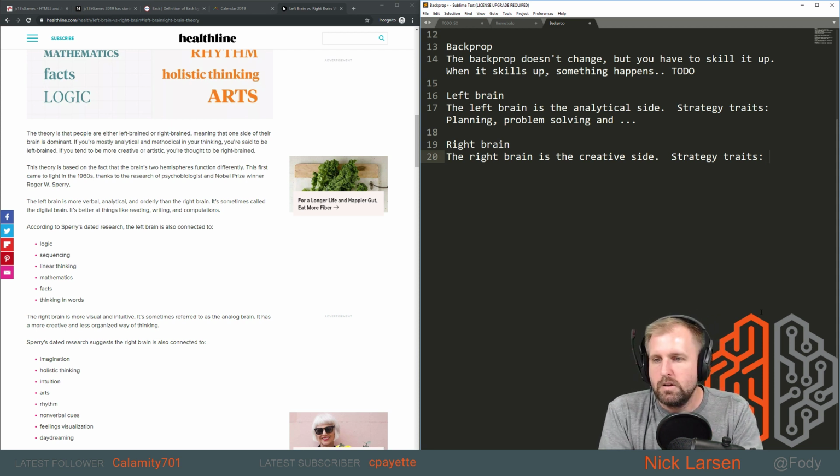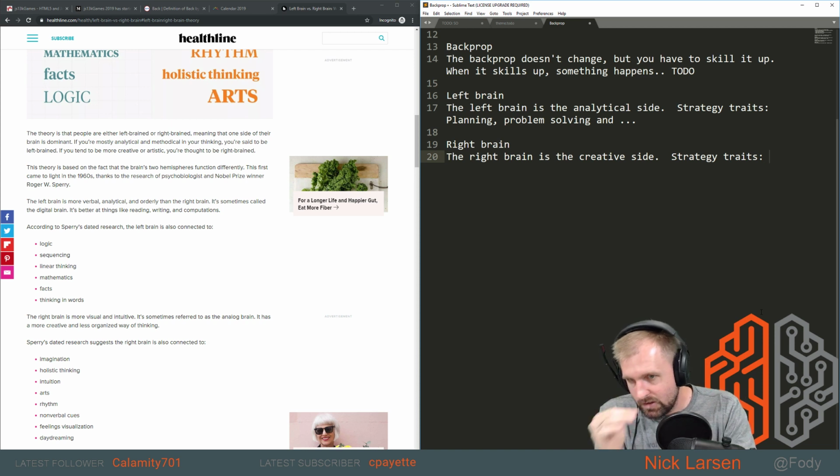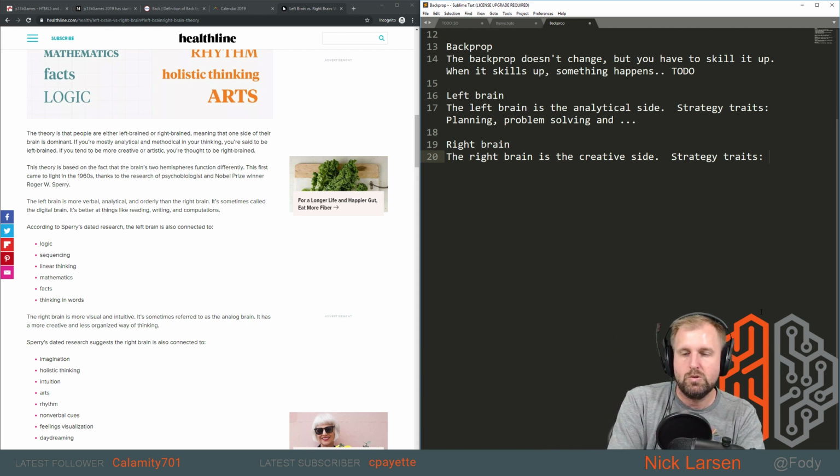The right brain is the creative side, so this is going to be intuition, which is sort of like luck. And then we're going to have understanding.